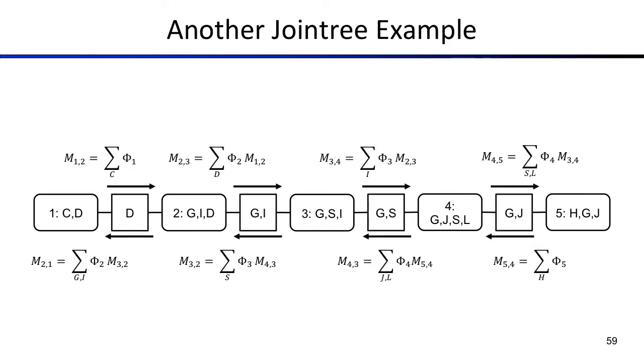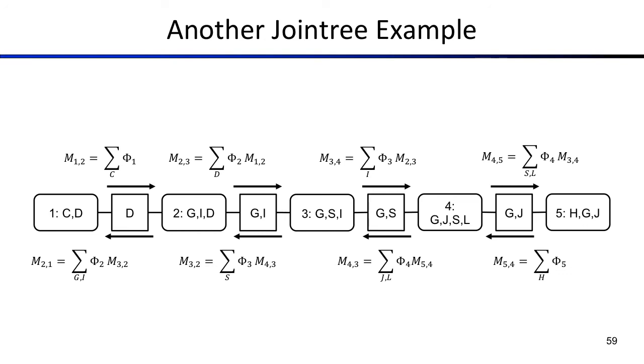So this is the Jointree with the messages. For each edge, we need to send messages in two directions. So we have the message from left to right and right to left. We need to be very careful. In this case, we are not choosing a root node. We are just sending the messages in the two directions. But when we do that, we need to be very careful.